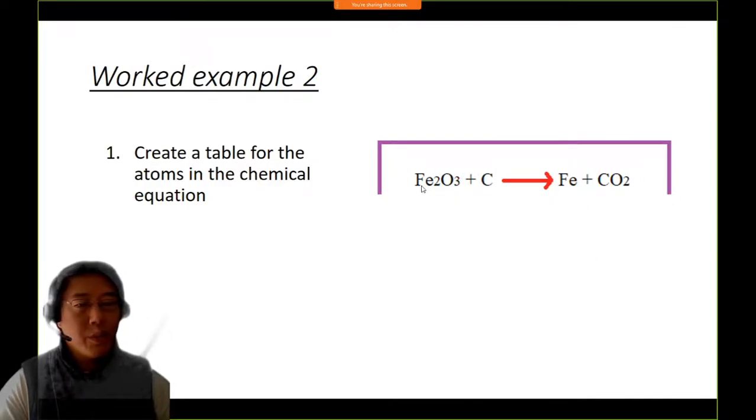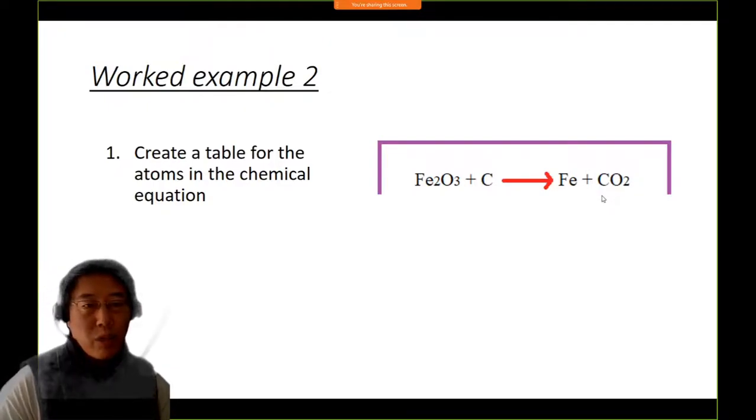So you scan from the left to the right and you list them. So you have your Fe, which is your iron, you have your oxygen, and you have your carbon. You carry on. Is there any other element that is new? There's none, so you only have 3 elements.